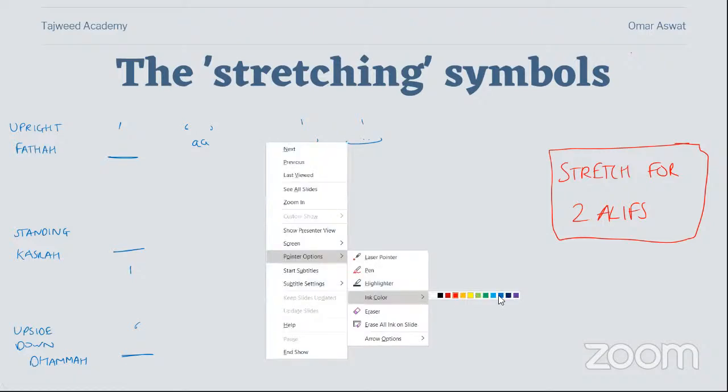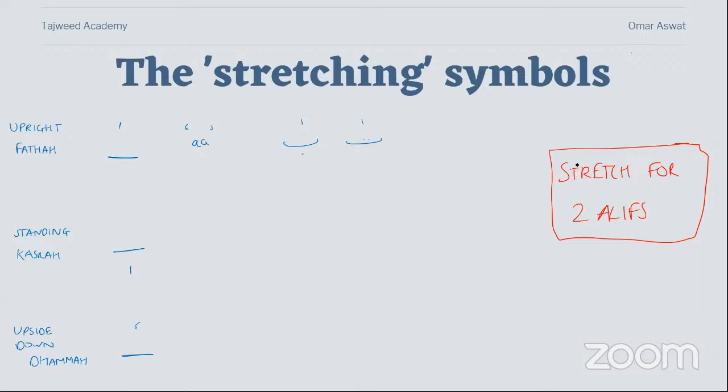Baa, upright fatha, baa. Example would be amana. I am not saying amana quickly, I'm saying amaana. These 2 are fatha. This one is an upright fatha.